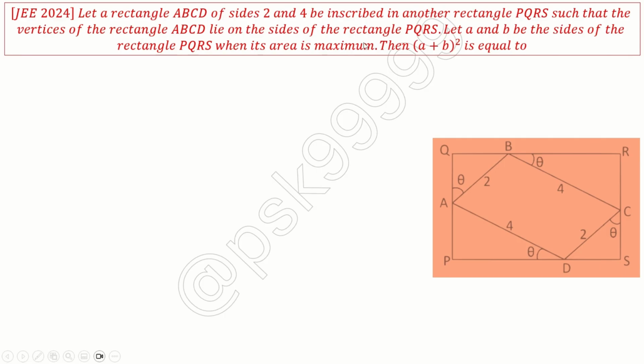ABCD rectangle sides are given: opposite sides are 2, this is 4. Width is 2, length is 4. Now, with this, what could be the maximum area of PQRS?